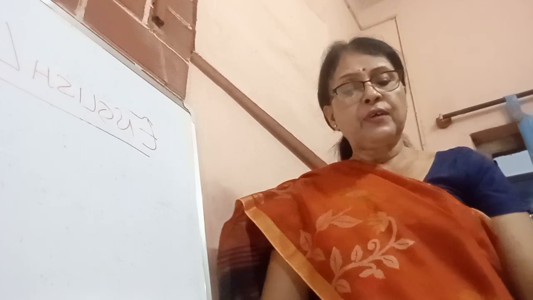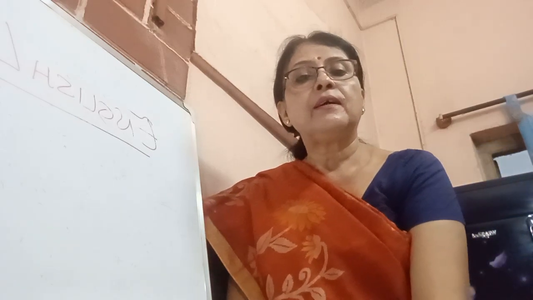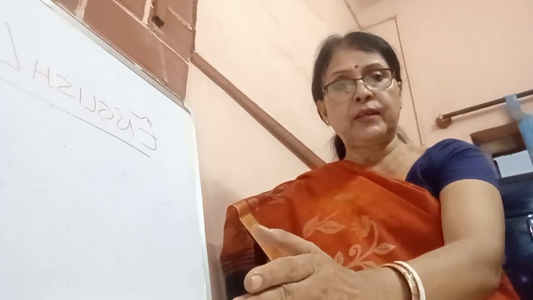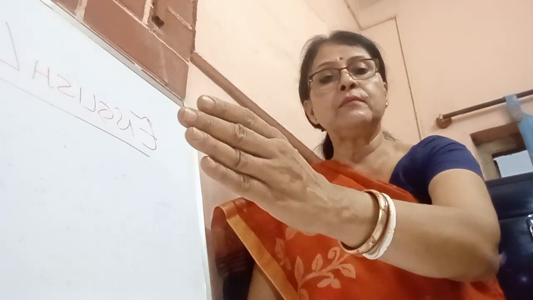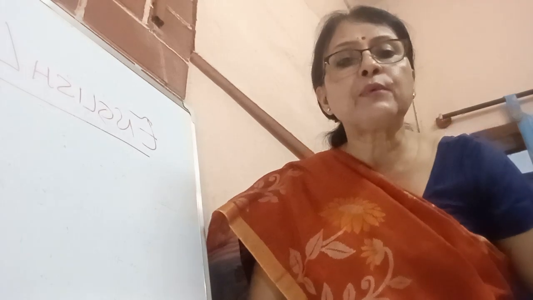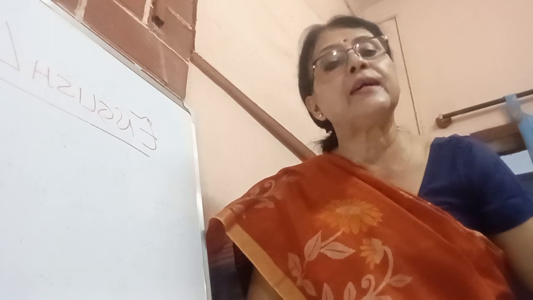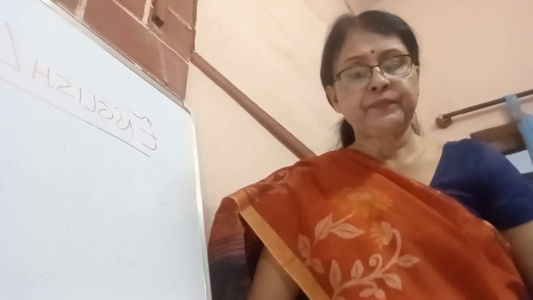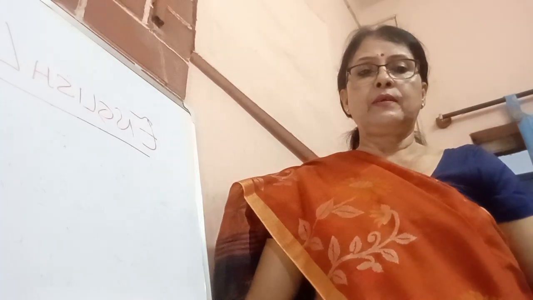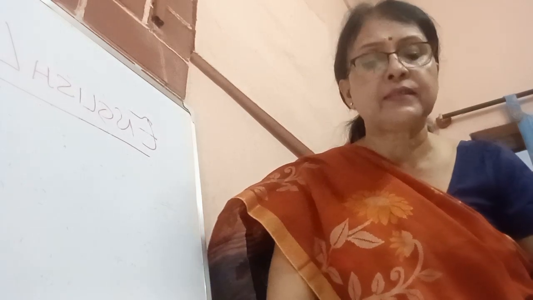So assertive comes from the word assert. I am trying to say something definitely. That means I am putting forward a statement. When I am talking about a statement, I am talking about an assertive sentence. I hope I am clear with what an assertive sentence is.